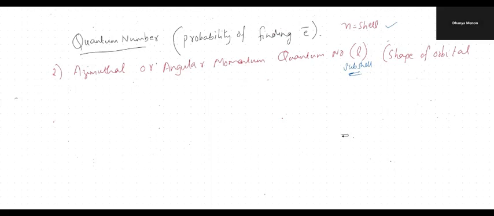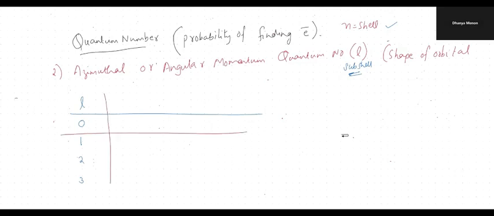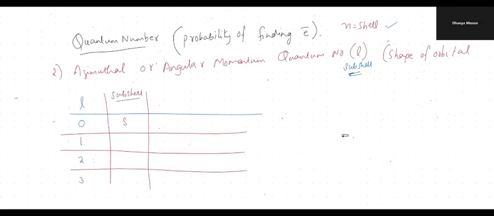l can have values 0, 1, 2, 3. If l has a value of 0, then it represents the subshell s. And this is the name of the subshell. So l basically represents the subshell, and also I said the shape of the orbital.